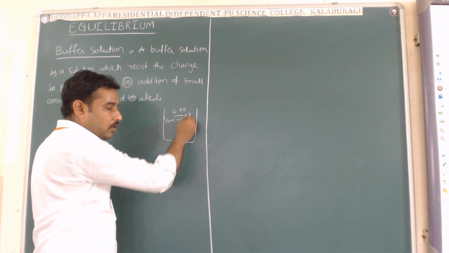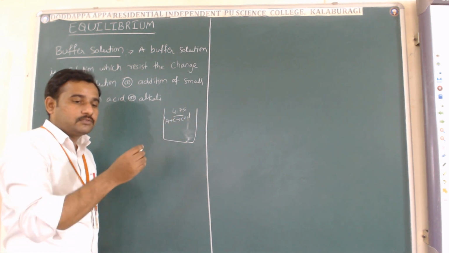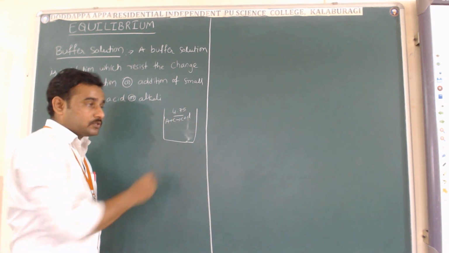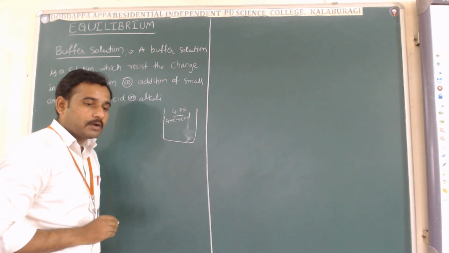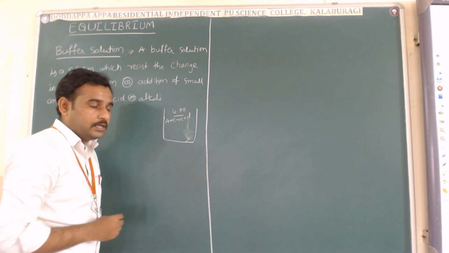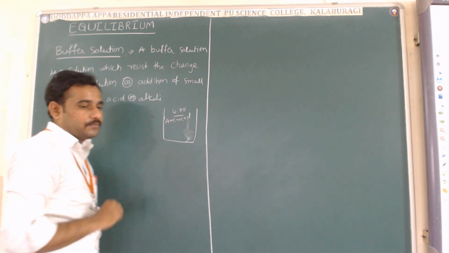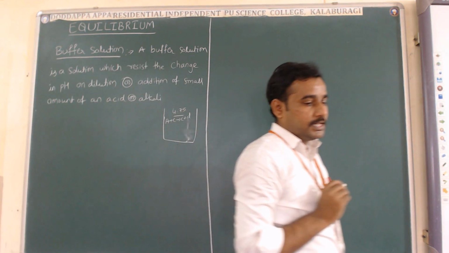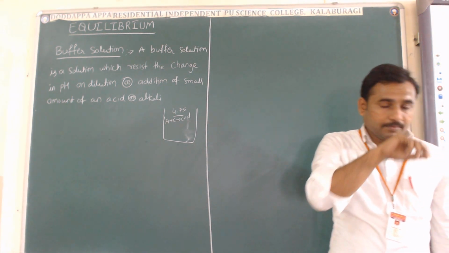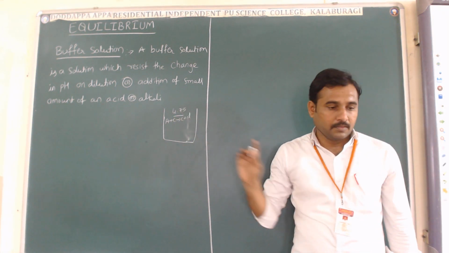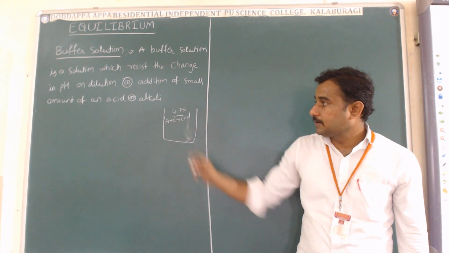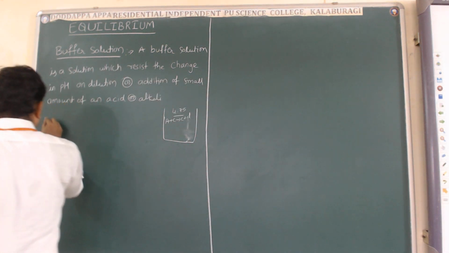If you add a small amount of base, the pH does not change. If we add a small amount of water, the pH does not change. That is what we call a buffer solution. It maintains the pH of the solution up to one level. I will write down the examples.